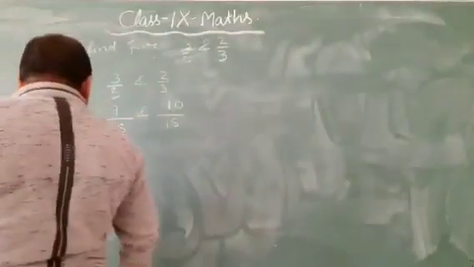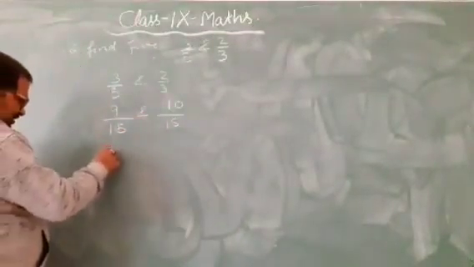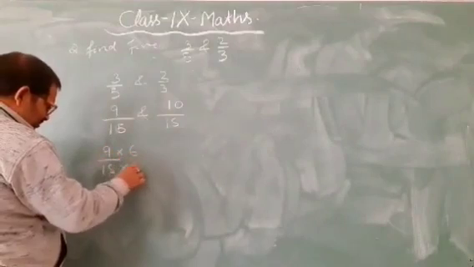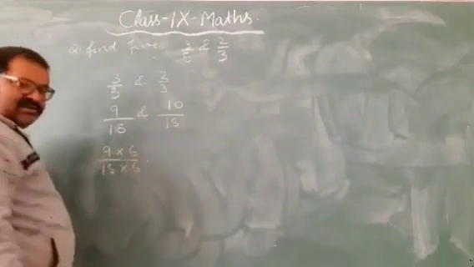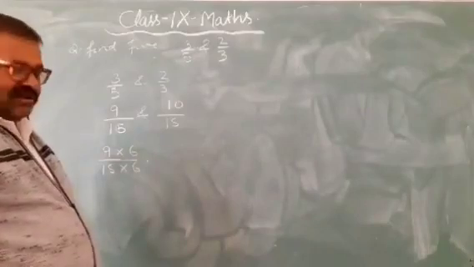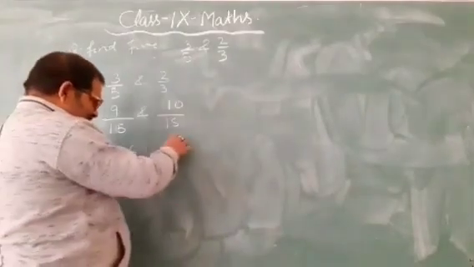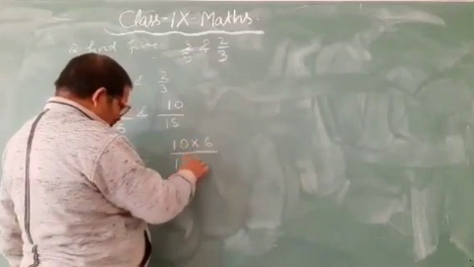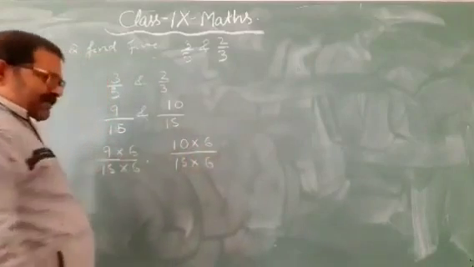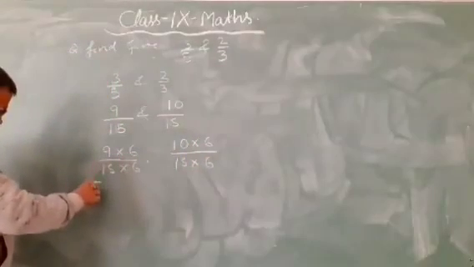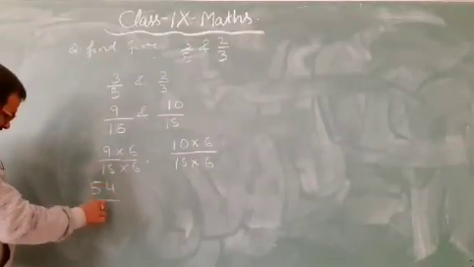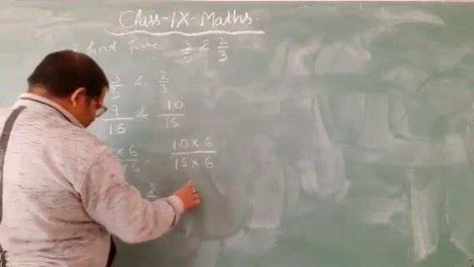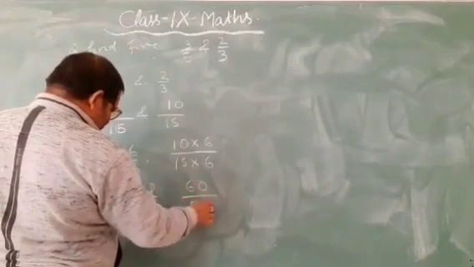So we multiply 6 in the numerator as well as the denominator, and 10 multiply 6 upon 15 multiply 6, 54 upon 90 and 60 upon 90.